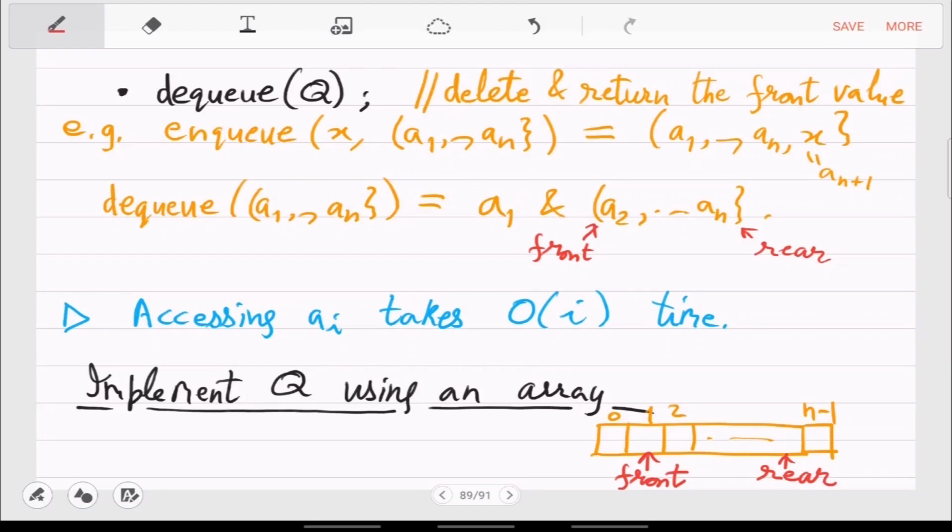So you will need the array pointer and you will need the indices, these variables front and rear which track the indices, and then your queue is in this part of the array, the sub array, and you can implement all the operations easily. But there will be one problem in this which we'll solve next time. Okay, thanks.